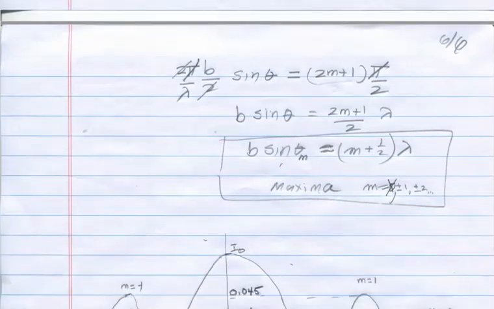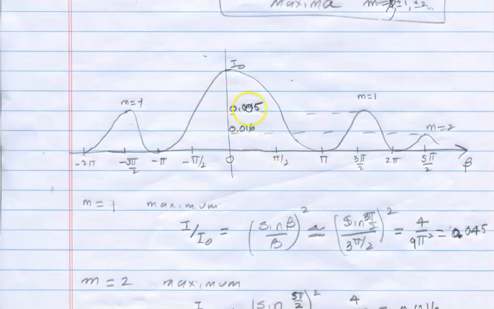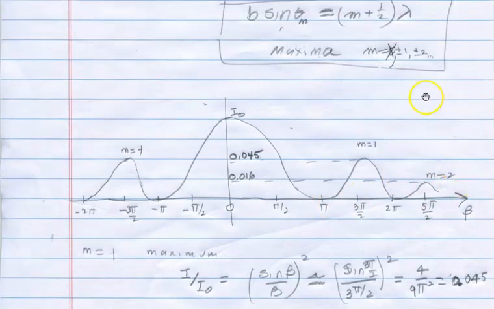So if you put all that together, you get a sinc function that looks something like this, or a sinc function squared, actually. You have the absolute maximum at beta equals 0. It falls off at pi, it's 0. In fact, any multiple of pi on either side, it goes to 0. And then the next relative maximum occurs at plus 1 or minus 1.